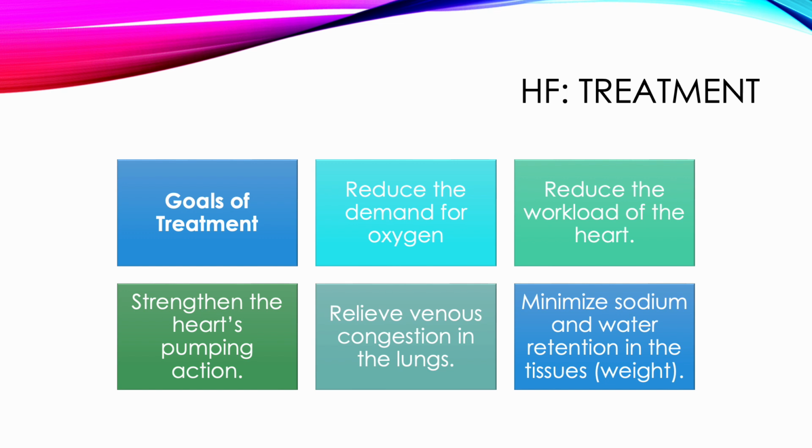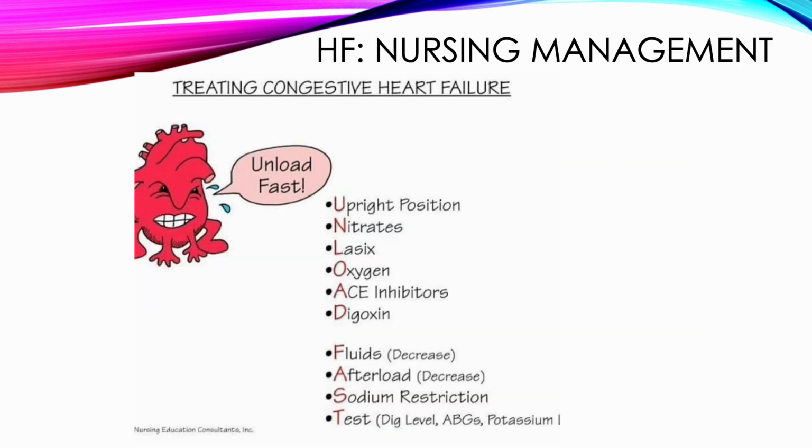We need to strengthen the heart's pumping action, and you do that with medication like digoxin, can make the heart pump more efficiently, okay? Dopamine, dobutamine, I don't know if you've learned about those medications in pharmacology. I'm just giving you some examples of what would help the heart pump better, okay? Relieve venous congestion in the lungs, definitely, and minimize sodium and water retention in the tissues. And we're going to talk about how to do some of that too, okay?